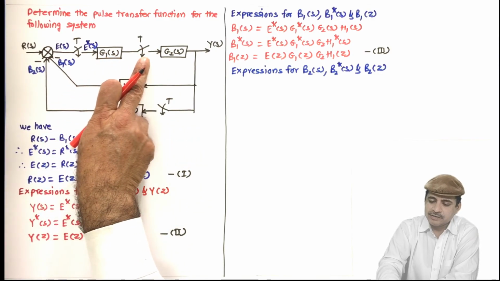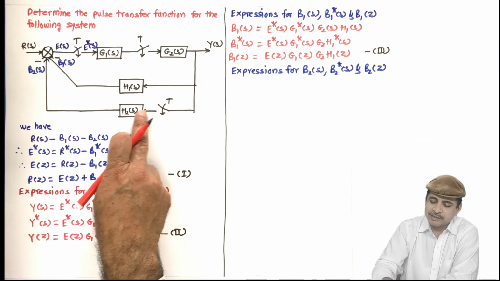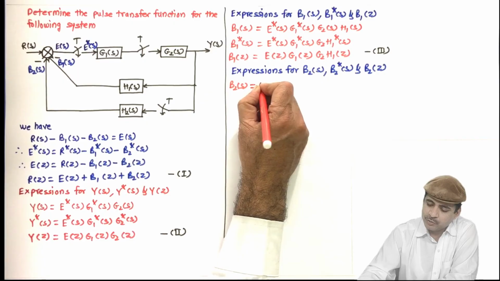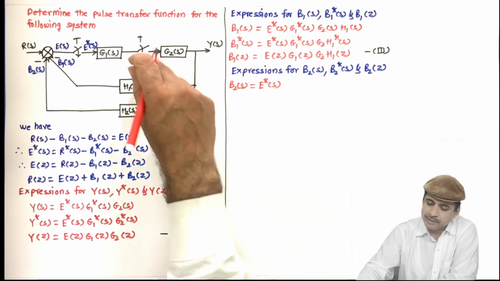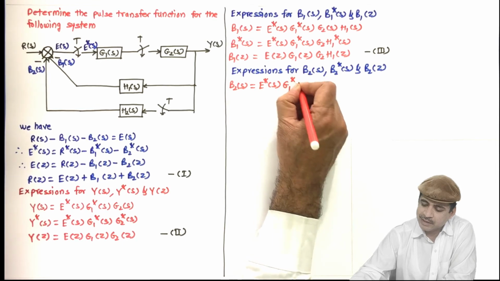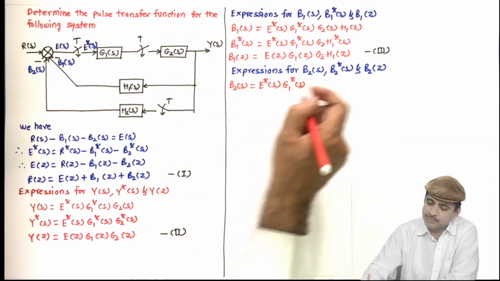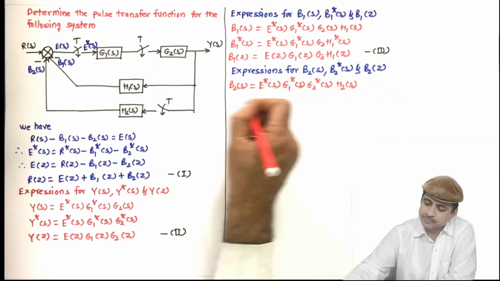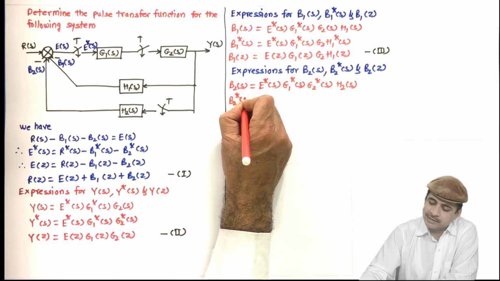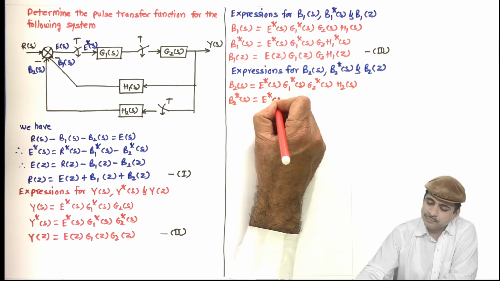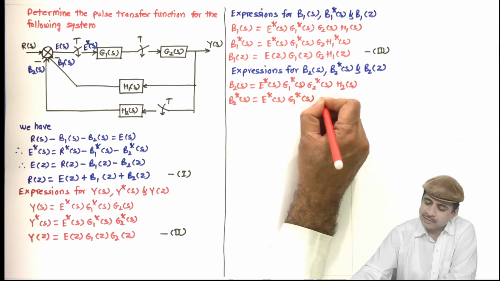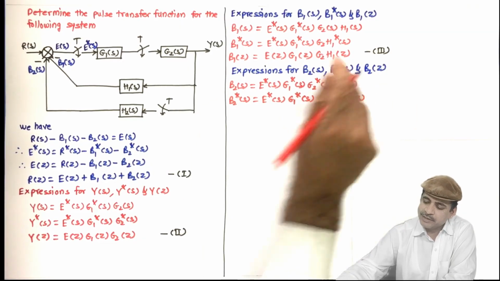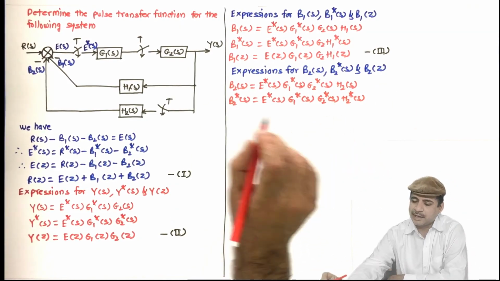E star S G1 star S G2 star S into H2 of S. So B2 of S is equal to E star S, then due to this sampler this becomes G1 star S, then due to this sampler it becomes G2 star S into H2 of S, and this gives me B2 star S is equal to E star G1 star G2 star and H2 star, because here H2 is the only isolated term, so it will remain isolated.